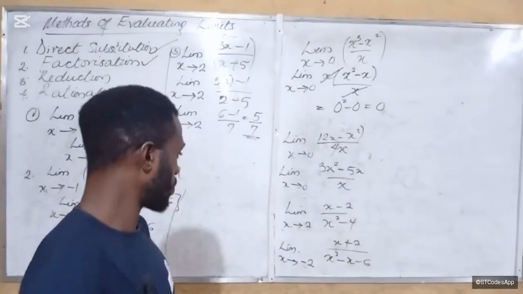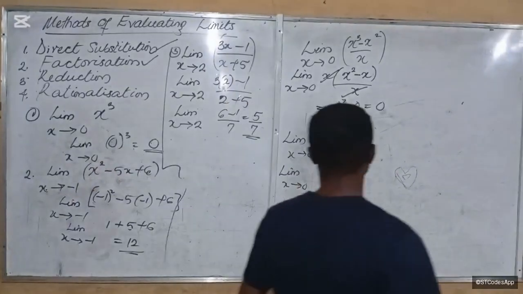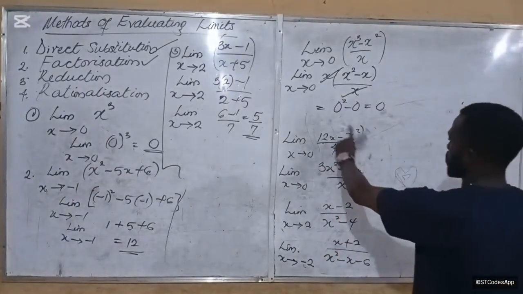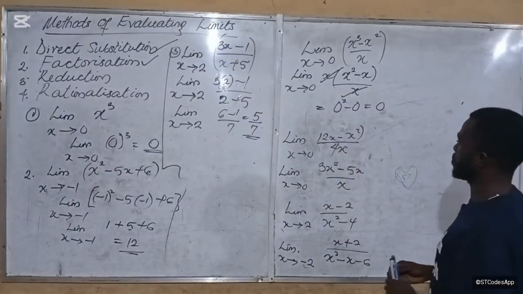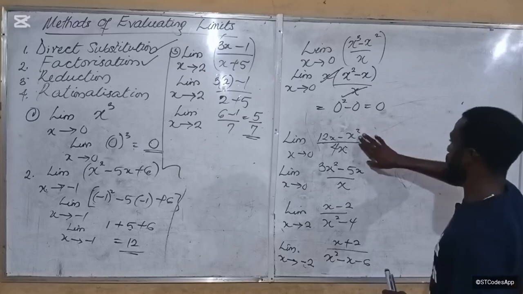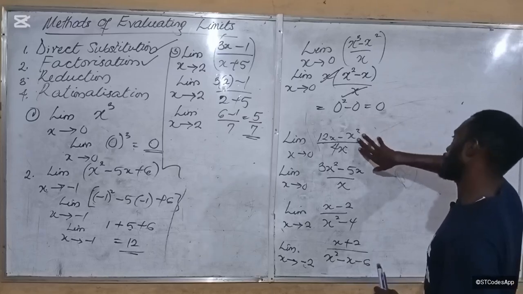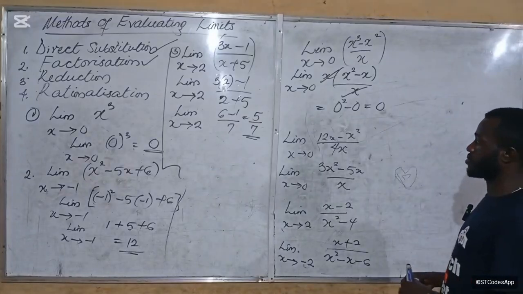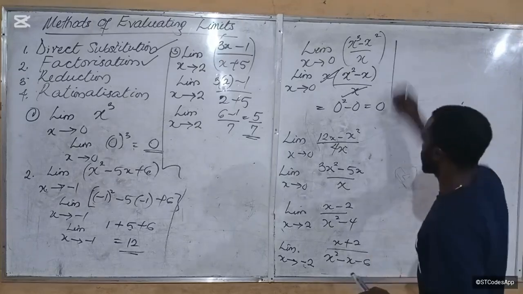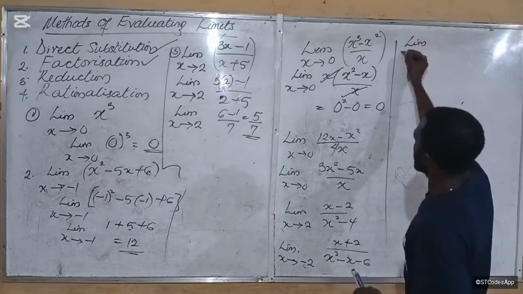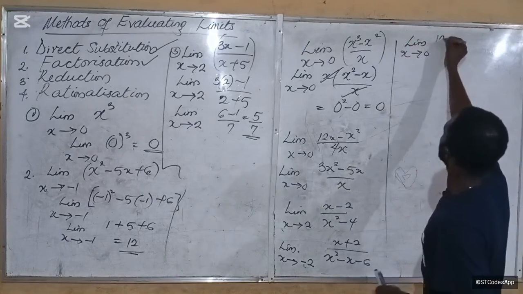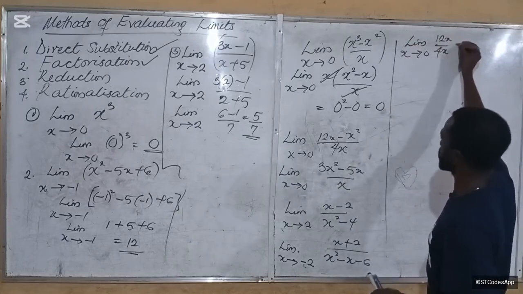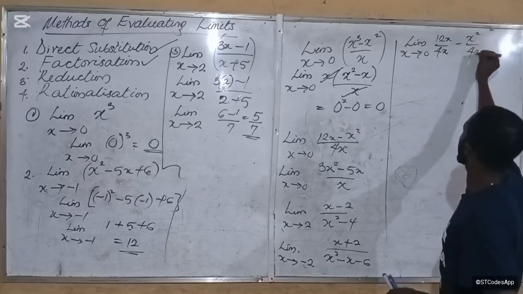All right, let's solve this. So this we can factorize here. In fact, we don't even need to factorize yet. Okay, there are two ways we can go about it. Either we say the limit as x approaches 0 of 12x over 4x minus x squared over 4x.